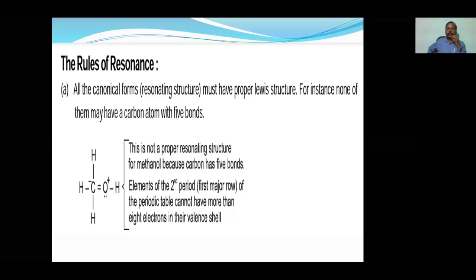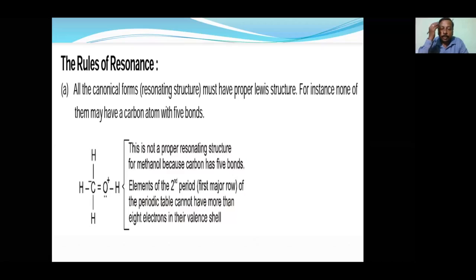Once they satisfy the conjugation, there should be at least one conjugation, then resonance might be present. But even then it will follow certain rules. Most of the time there will be a question: which of the following are resonance structures?